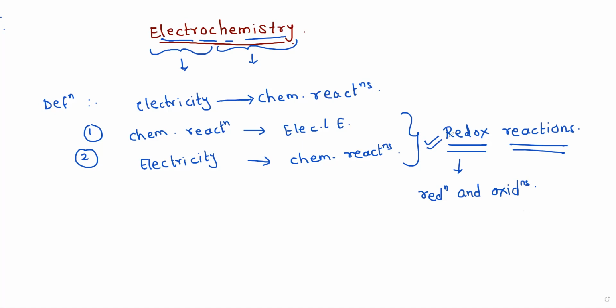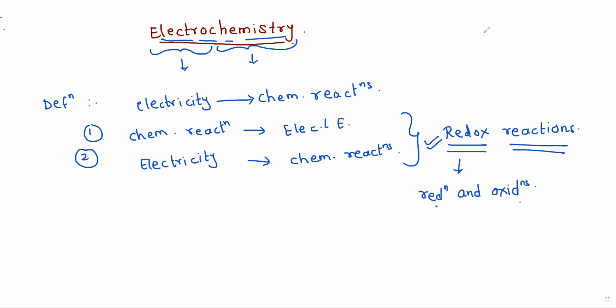We will make a full, complete video on redox reactions separately, but till now, we must understand that reduction and oxidation happening simultaneously is a redox reaction. So both these conversions, chemical reaction to electric energy and electricity to chemical reactions, and vice versa, are based on redox type of reactions.